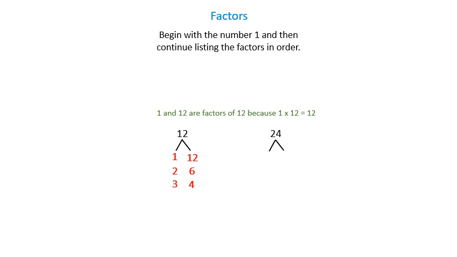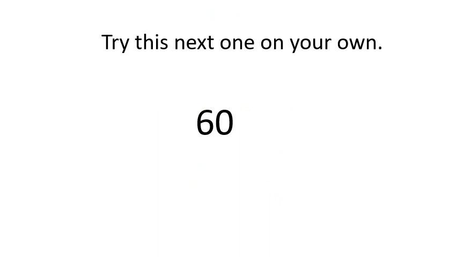Now, on 24, we have 1 and 24 because 1 times 24 is 24, 2 and 12, 3 and 8, and 4 and 6. Try this next one on your own.